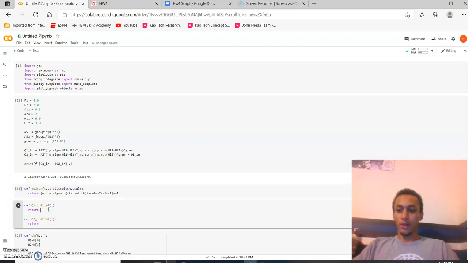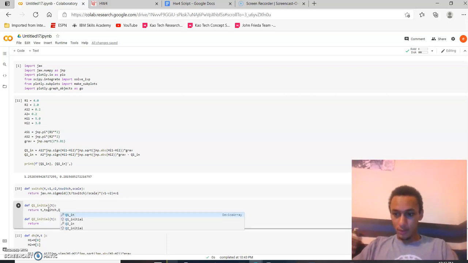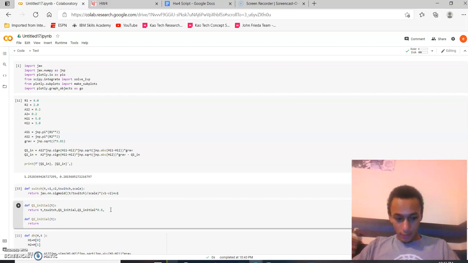And now what we're going to return, so we're going to have this in the right order. Let's see if I do it right the first time. Q, the initial times 0.8. I got 200, 101.